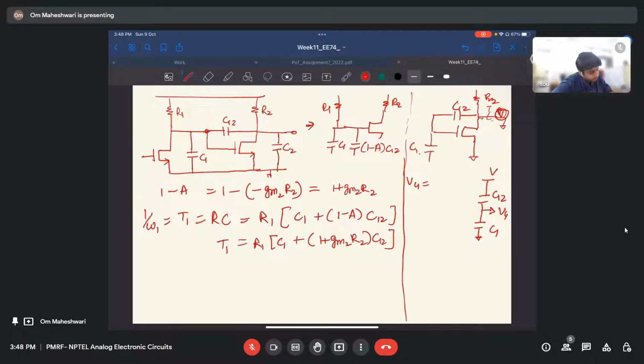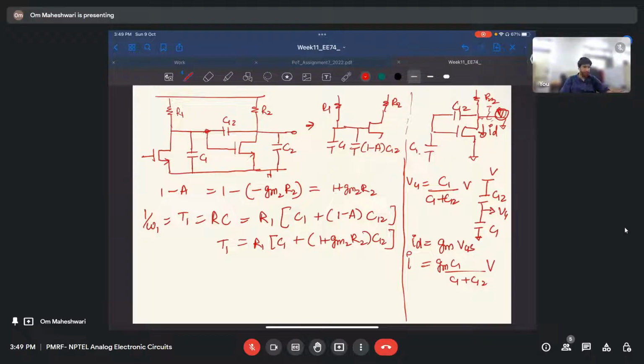VG is C1 by C1 plus C12 times V. If I write the current here, ID equals GM times VGS. So it is GM into C1 by C1 plus C12 times V, that is I.